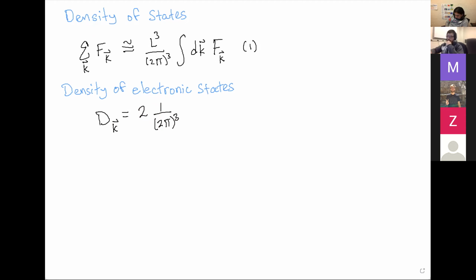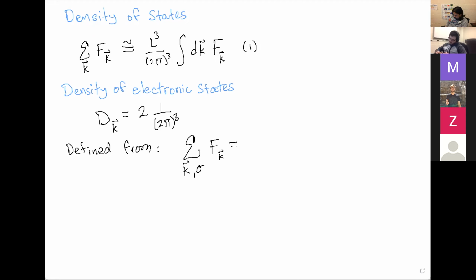And this one comes out and is defined from the following quantity, which is the summation over all of the k states, level by k, that have a spin, of this big function f of k.